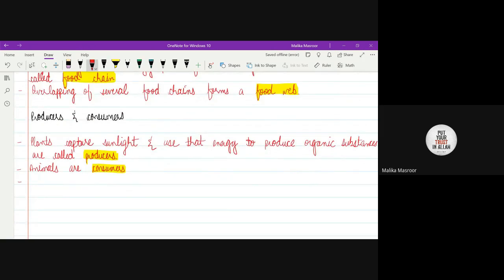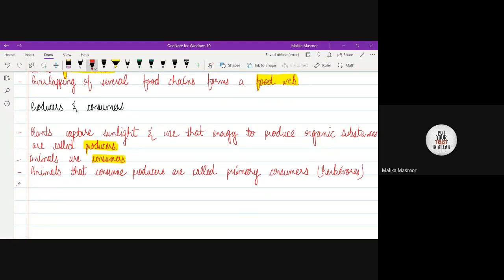Now, animals that consume producers are called primary consumers. And these are usually, obviously, herbivores because they only eat plants.